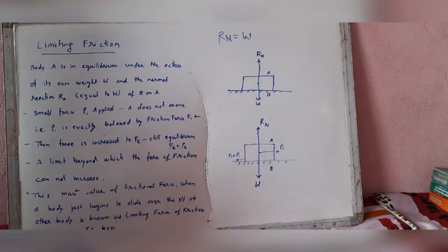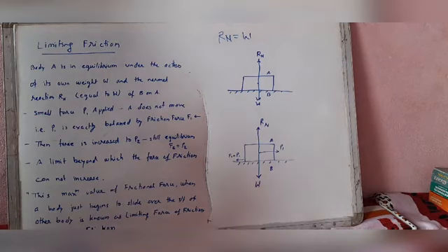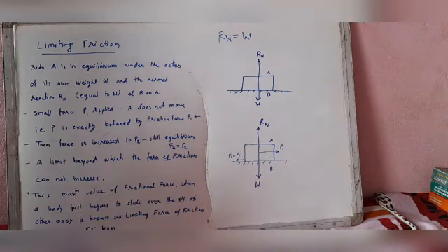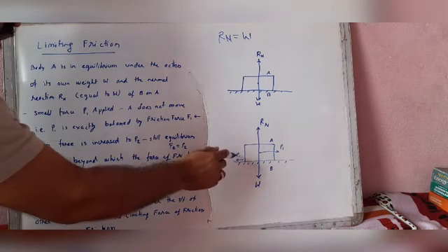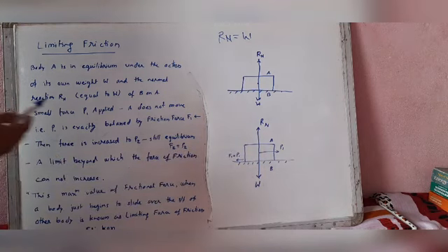Now if a small horizontal force P1 is applied, acting through the center of gravity of body A, it does not move because of the friction force. This friction force is equal to the applied force P1.